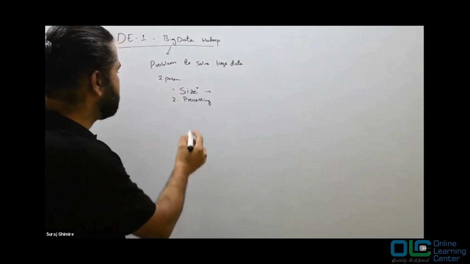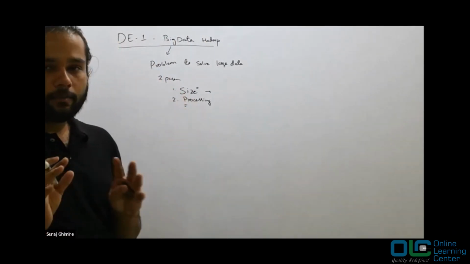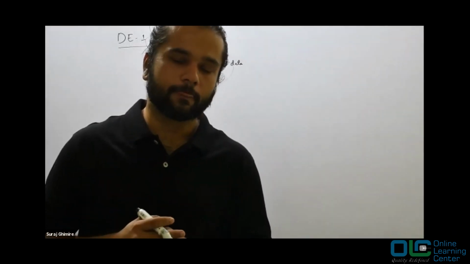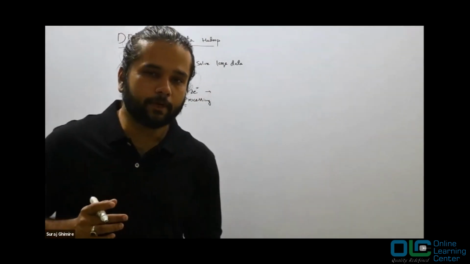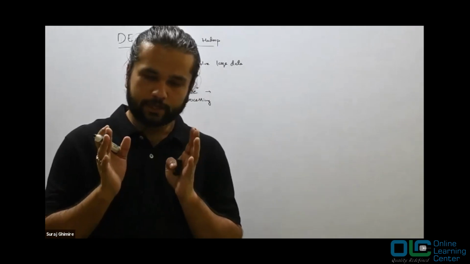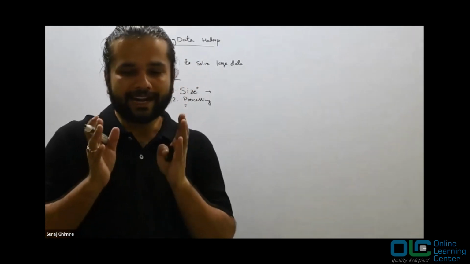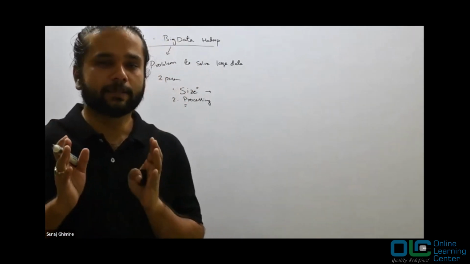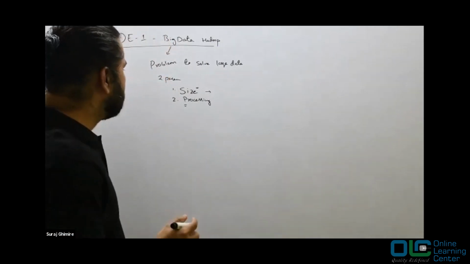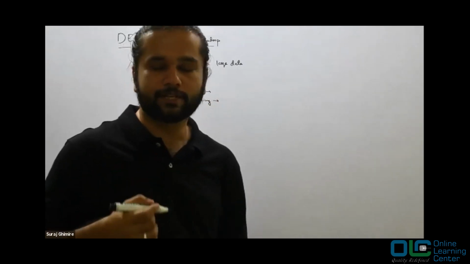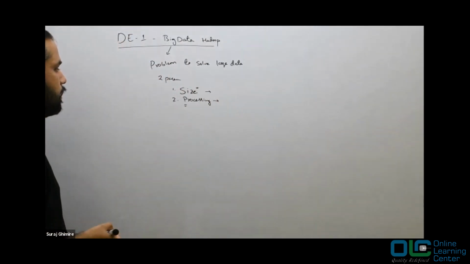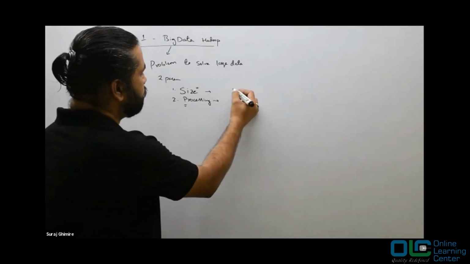Now the second parameter: if I have written a program to process data, and you are not able to process that data within a given time frame, and that time frame is not acceptable to the industry, then I would say the data is big. Let's take a short example to understand this. Suppose I have data of 100 GB.